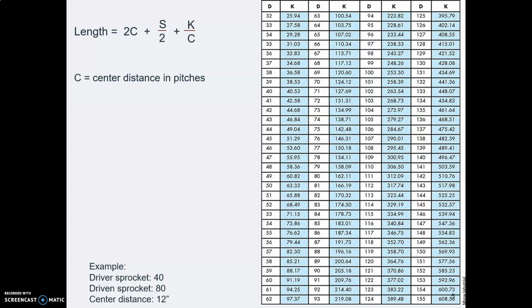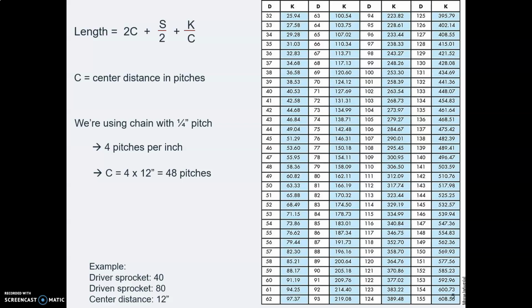First, the center distance in pitches, C. All right, we're using chain with a 1/4 inch pitch, number 25 chain. That means in every inch there are 4 pitches, 4 pitches per inch, because there are 4 1/4 inches per inch.